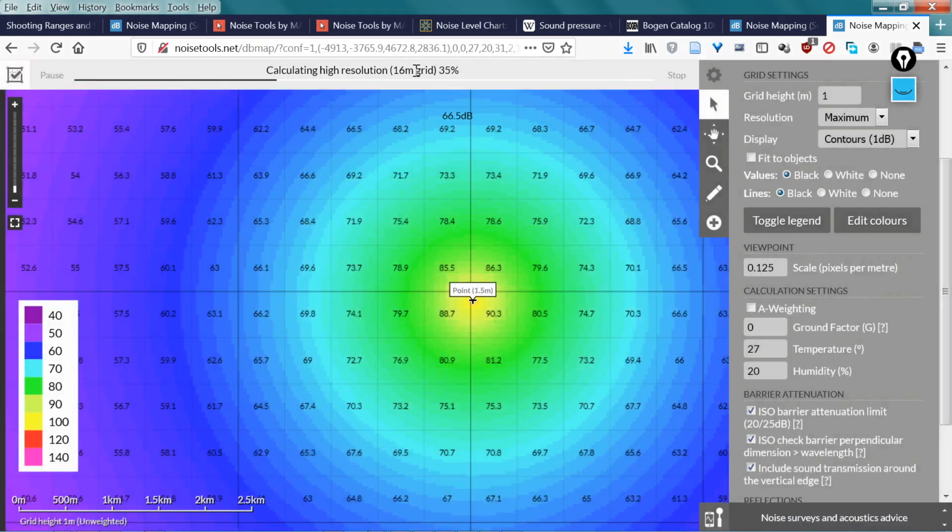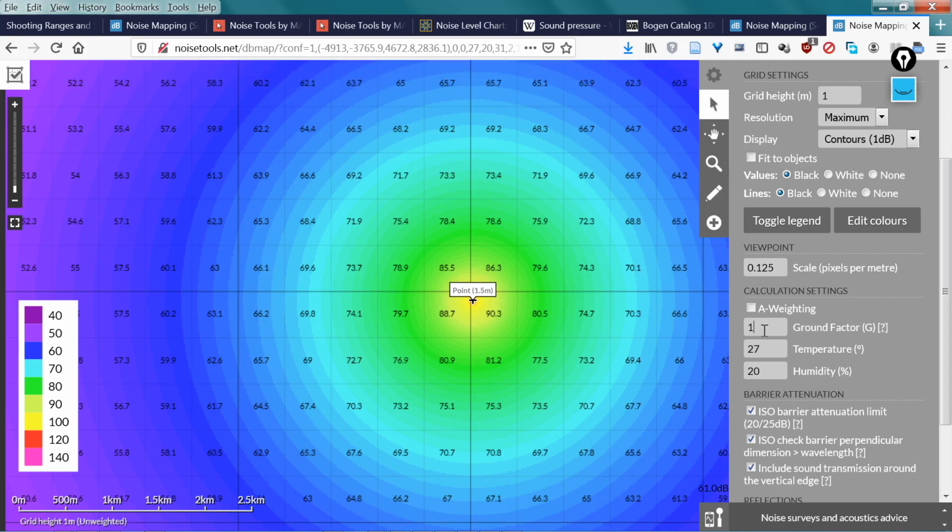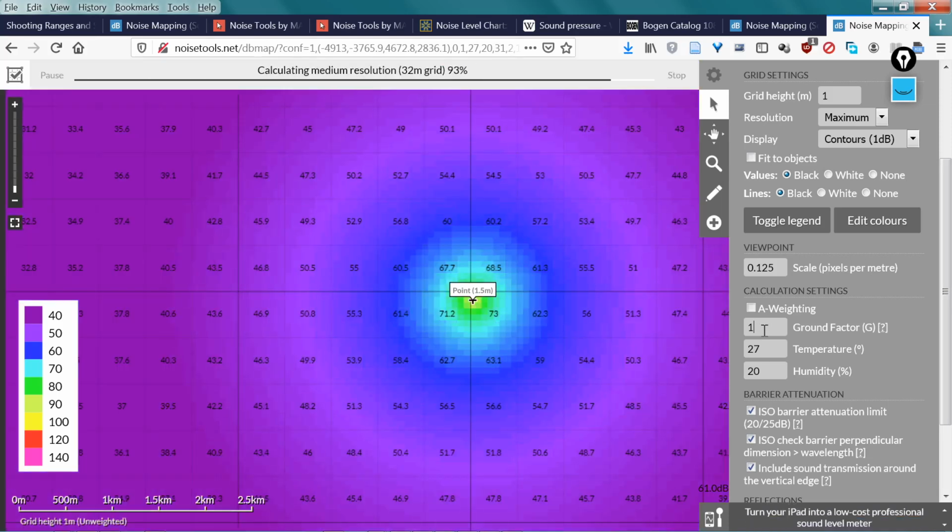Now you'll see up here it's calculating. Right now I have the ground factor set at 0, which is the most reflective. So if we set this to 1, which absorbs the most, and we hit that in there, then we see that, whoa, wait a minute here, now we've got a completely different picture.